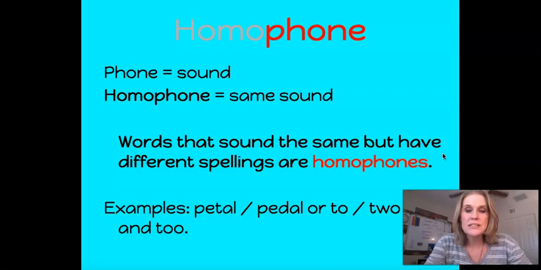So, words that sound the same but have different spellings are called homophones. Here are some examples. Pedal, like a flower petal, and pedal, like your pedals on your bike. Or the words two, too, and to. They sound the same, but they're spelled differently, and of course they have different meanings.